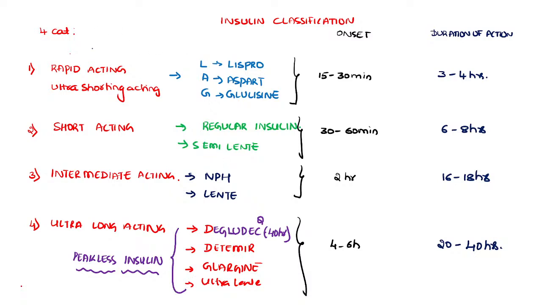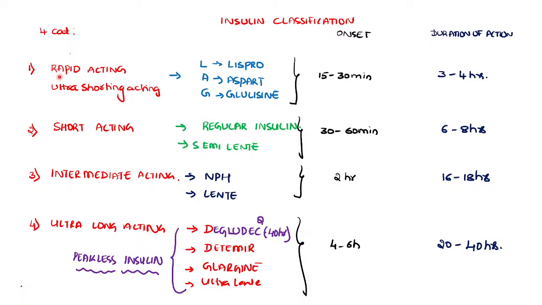So just to recapitulate again, we have 4 categories of insulin classification. We have rapid acting, which is also called ultra short acting preparations, short acting preparations, intermediate acting preparations, and ultra long acting preparations based on the duration of action.